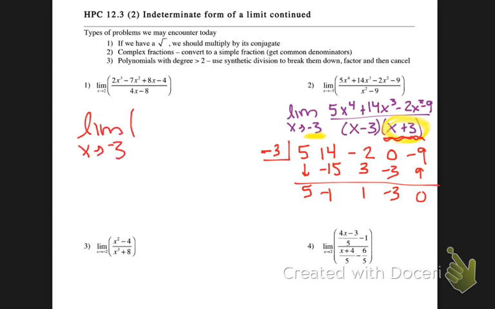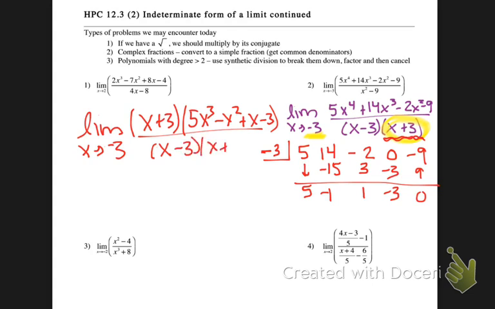So we factored out an x plus 3 in the numerator, and we are left with 5x cubed minus x squared plus x minus 3. In the denominator, we have the x minus 3 and the x plus 3.